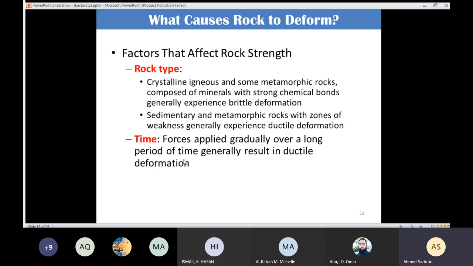I have other factors. The rock type itself: if it's igneous rock and some kinds of metamorphic rock, the behavior tends to be brittle. If it's sedimentary and some kinds of metamorphic rocks, the behavior is going to be ductile. Also, we have the time itself. Forces applied gradually over a long period of time generally result in ductile deformation. Did I answer your question?